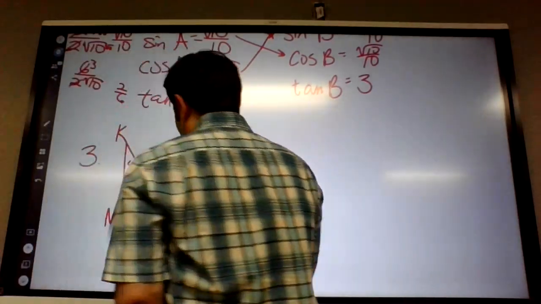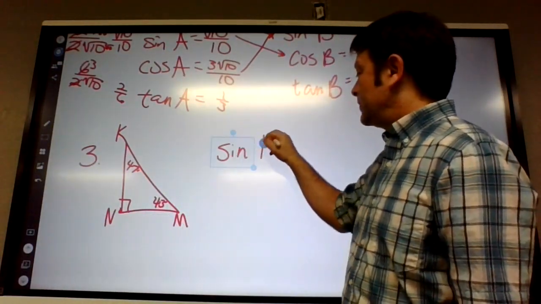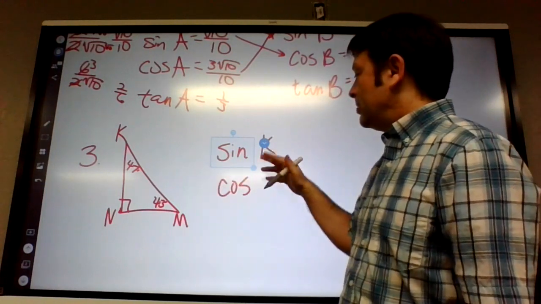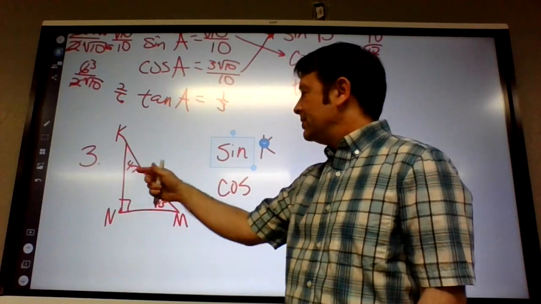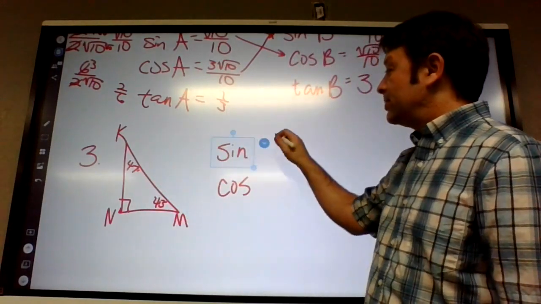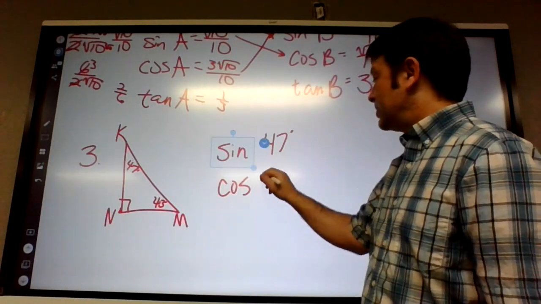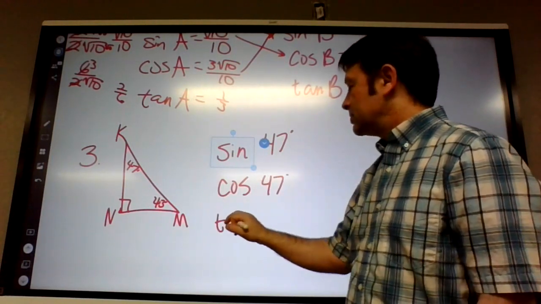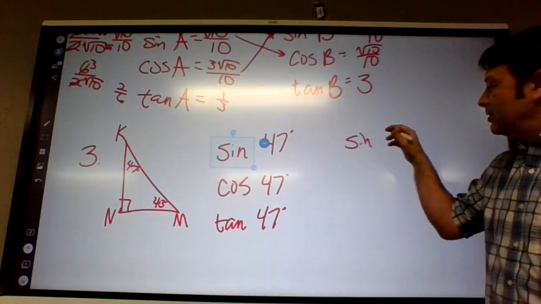So they kind of do ask the same question, like what's sine of K, what's cosine of K, but we actually know what K is this time. So I'm going to go ahead and say what's sine of 47, what's cosine of 47, what's tangent of 47, and then what's sine of 43.